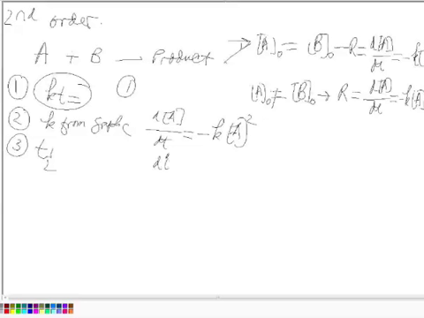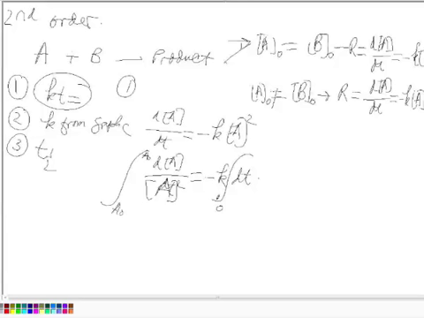Then we can rearrange it to minus dA per A squared equal to K dt. Now we integrate it from A0 to A and from t0 to t.